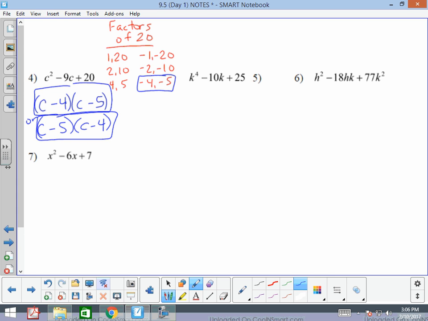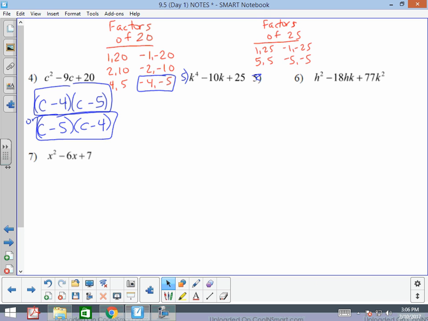All right, number 5. This is supposed to be number 5. We're looking for the factors of positive 25. So that would be 1 and 25, negative 1, negative 25, positive 5, and negative 5. We're looking for the factors that add up to be negative 10.